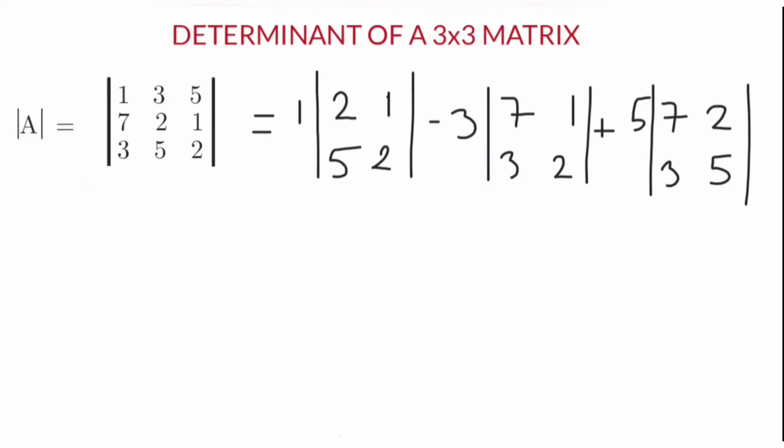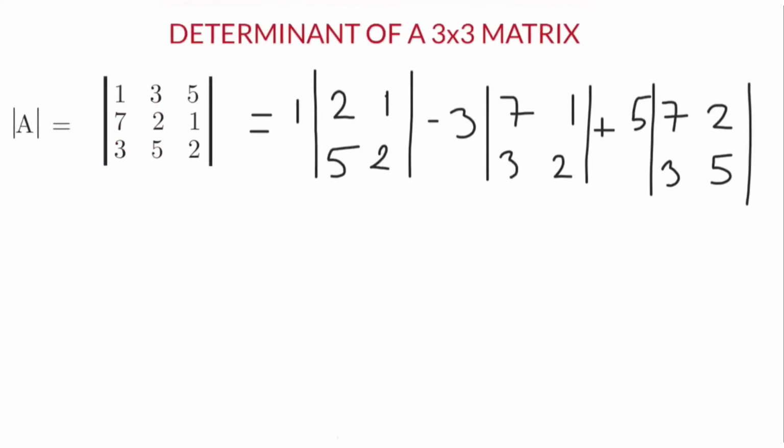Here you can see I have used this symbol, minus, in front of 3 and plus in front of 5. So it is our formula of breaking this determinant into this form. So 1 times determinant of 2 1 5 2, minus is used for this second element, minus 3 times determinant of 7 1 3 2, plus 5 times determinant of 7 2 3 and 5. Let's try to solve this and find the answer.